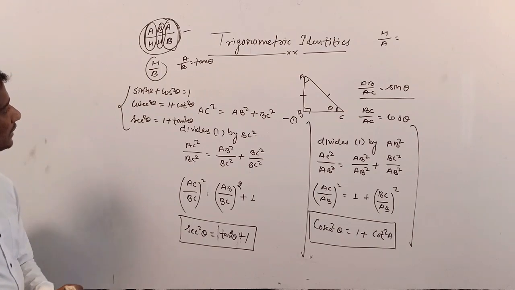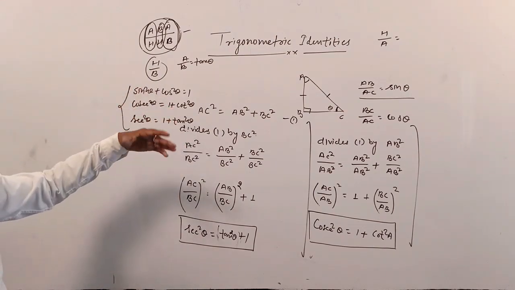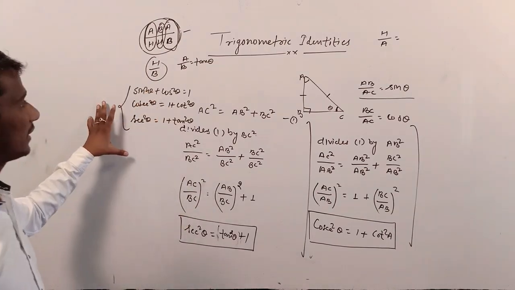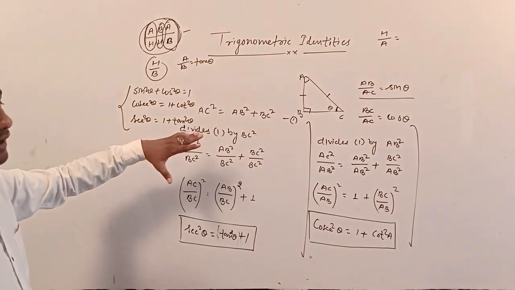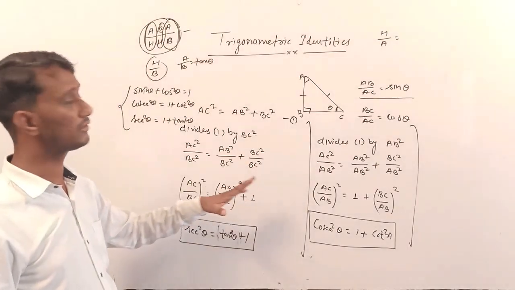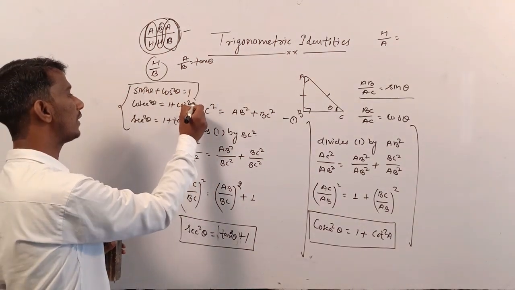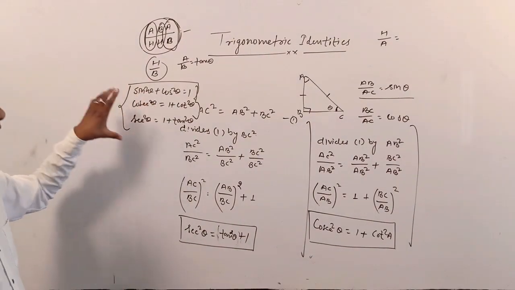Now, dear students, we use these three identities to solve different types of problems and express all the terms in different ways. So be aware of the trigonometric identities and memorize them.